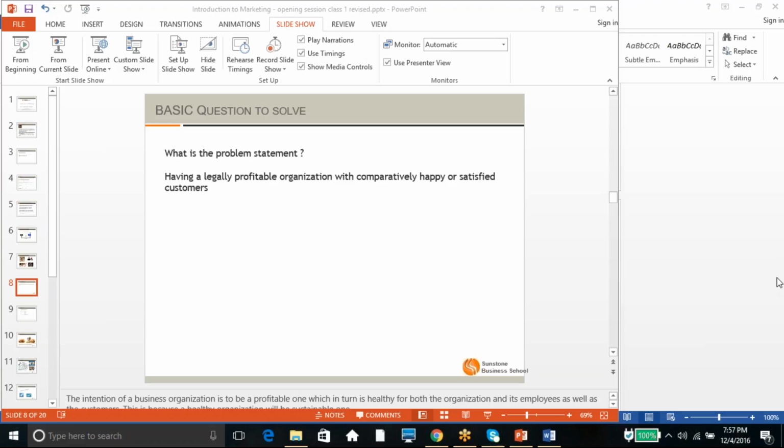Maybe I'll take it at the end of this session if we have time, or at the beginning of the next session, where we'll discuss how profitability, revenue, and market share should be aligned for a profitable organization, but it is rarely so. Even in the case of Apple, market share is being sacrificed for profitability, and whenever market share wants to be increased, the profitability has to be decreased.